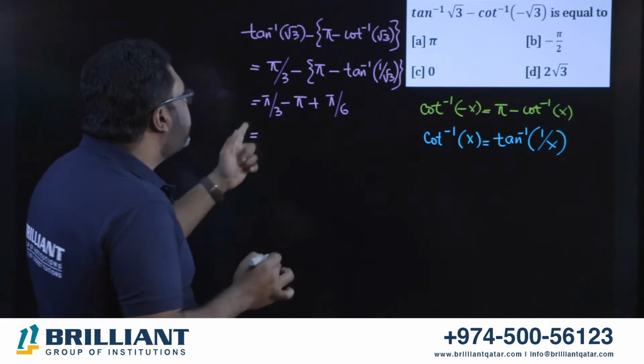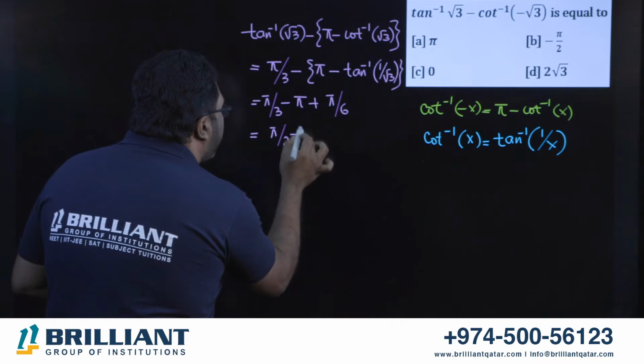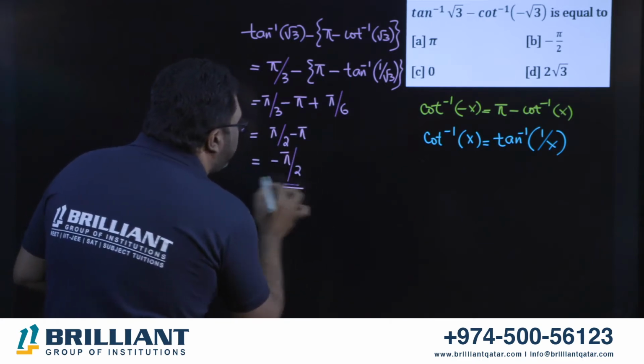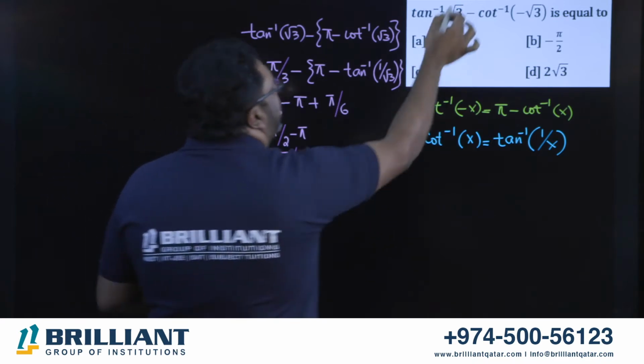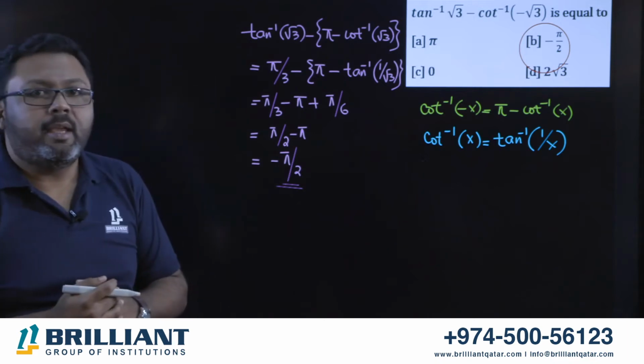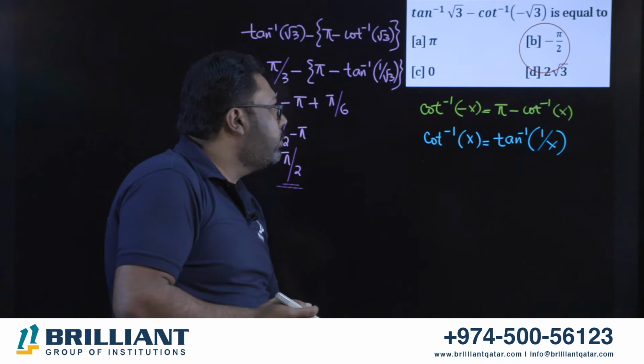Simplify it. Pi by 6 plus pi by 3 is pi by 2, minus pi. Pi by 2 minus pi is minus pi by 2. Your answer is option B, minus pi by 2. Easy? Yes? Okay. Next question now.